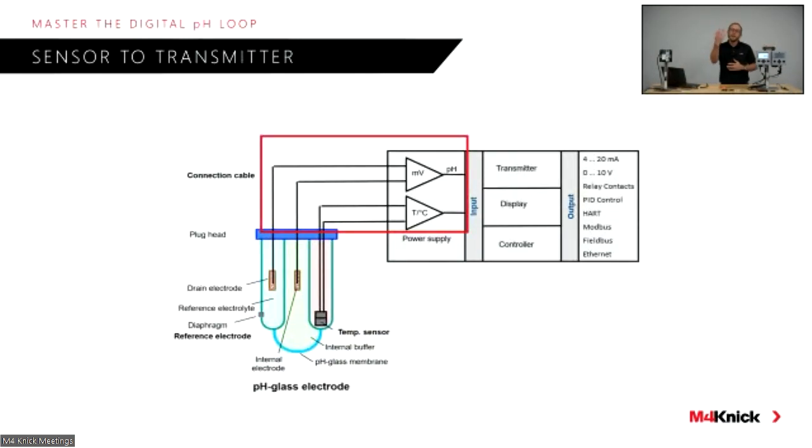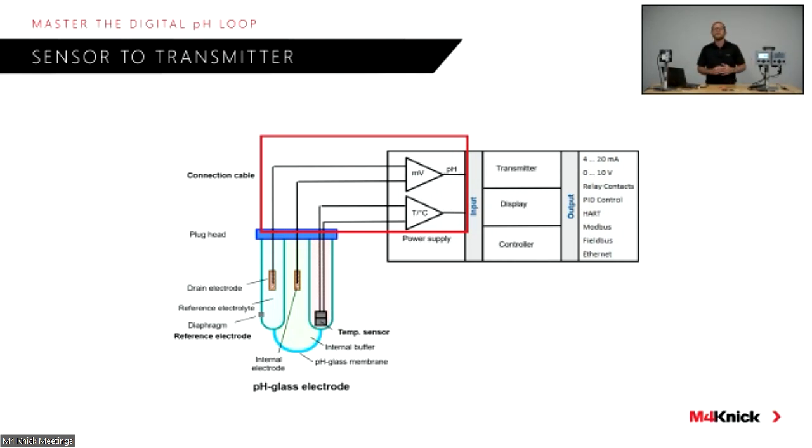So if we look at this diagram here, we see the makeup of a traditional industrial pH electrode. And there are 3 main components to an industrial pH electrode. We have, of course, our pH measuring electrode or membrane. That's typically in the form of a glass sphere or a glass membrane that is sensitive to hydrogen ion activities, which is obviously what we're measuring when we're making a pH measurement.